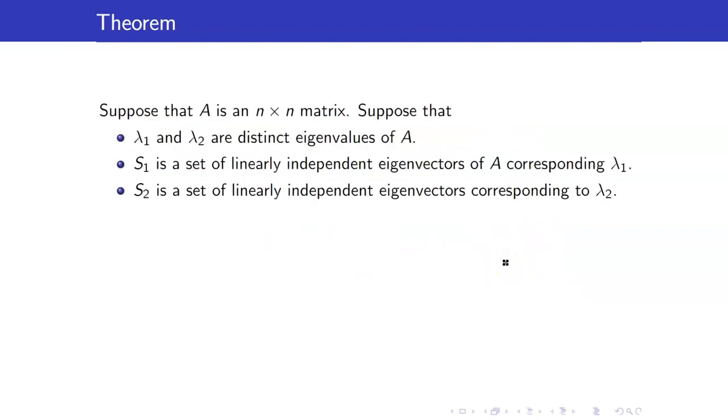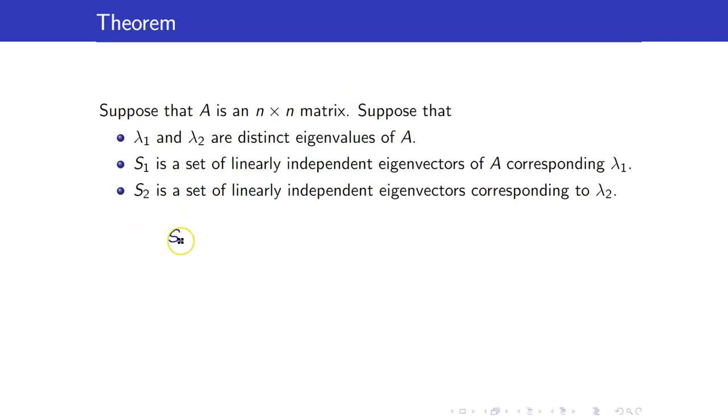How do we now form the n linearly independent eigenvectors? We can easily get the eigenvectors of A, but we want to make sure that we get linearly independent eigenvectors. This theorem gives us the answer. Suppose that we get two distinct eigenvalues of A, lambda 1 and lambda 2. Suppose S1 is a set of linearly independent eigenvectors of A corresponding to lambda 1.